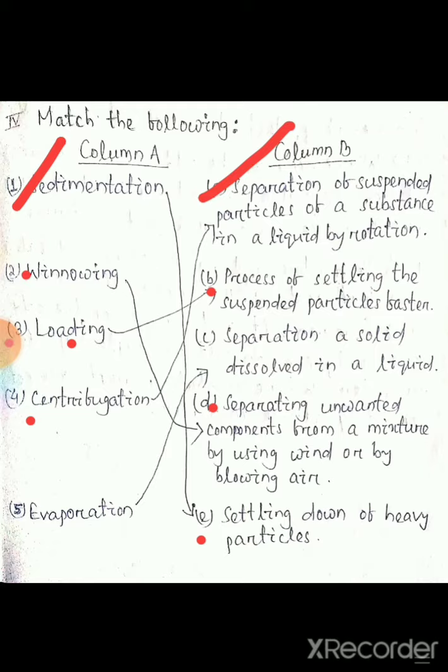The last one is evaporation. Evaporation is used to separate a solid dissolved in a liquid. So that is bit C. Okay. First one bit E, second one bit D, third one bit B, fourth one bit A, and fifth one bit C.